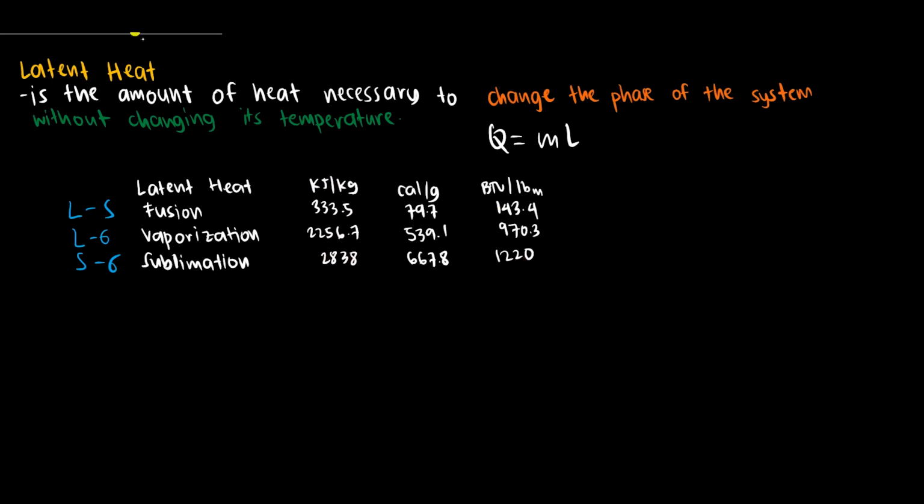So ako ipakita na lang ang conversion class. Pero actually, simple conversion lang man jud siya. Pero ipakita gyapon nato. So, if you want kilojoules over kilogram, convert nimo siya to cal per gram. So let's say for example, nakay 333.5 kilojoules per kilogram. Ang imong 1 kilogram is 1,000 grams.